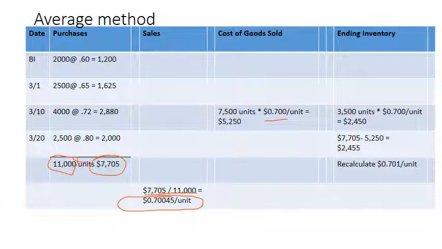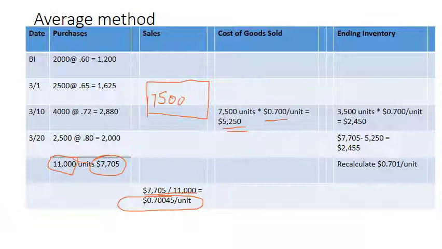So if we sold 7,500 units, so if we look at the sales that took place, we had those 2 sales. I just didn't put the information in here, but it was 7,500 units. So the cost of goods sold are going to be based on 7,500 units. So we'll use that 70 cents per unit. That gives us $5,250.